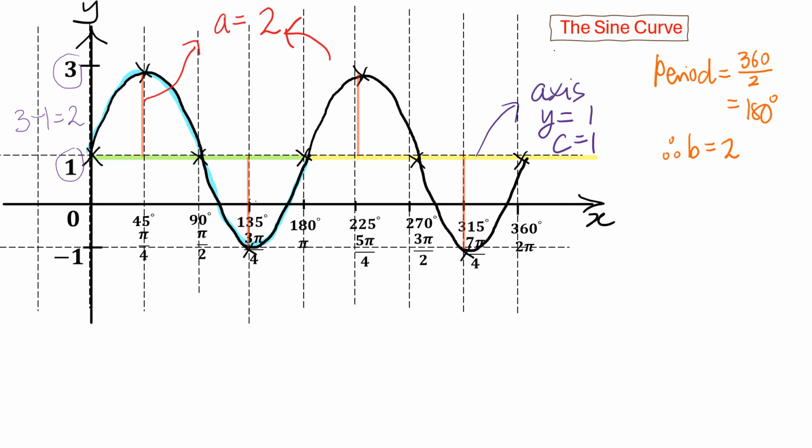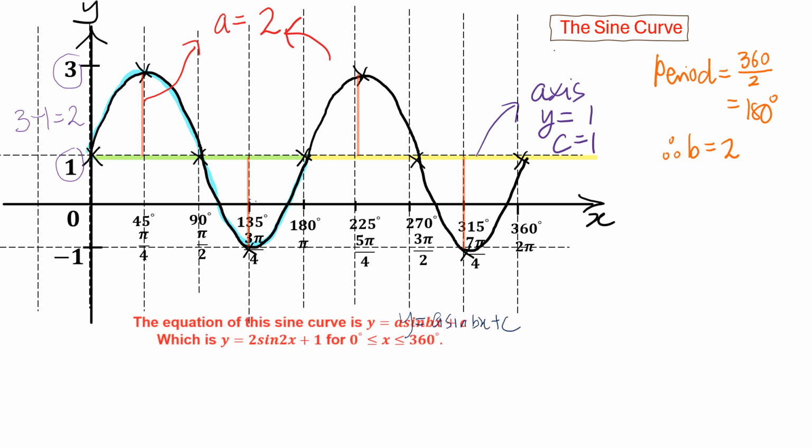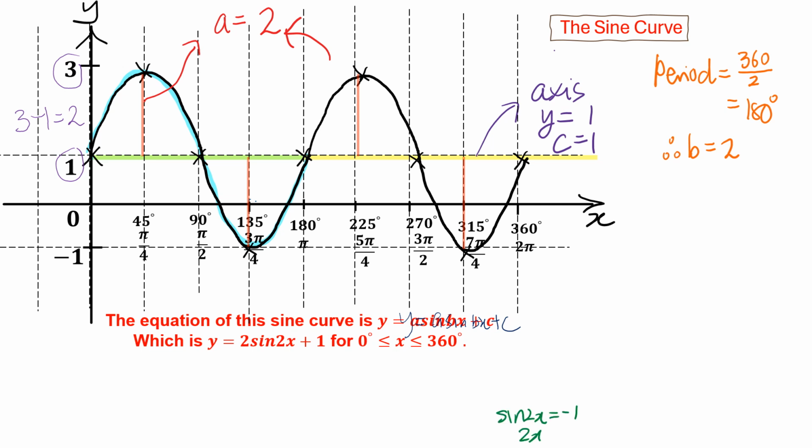So putting this back into the formula that we were given earlier on, the formula which is y equals A sine bx plus c, the equation of the curve will be y equals, the value of A is 2, the value of B is 2, the value of C is 1.